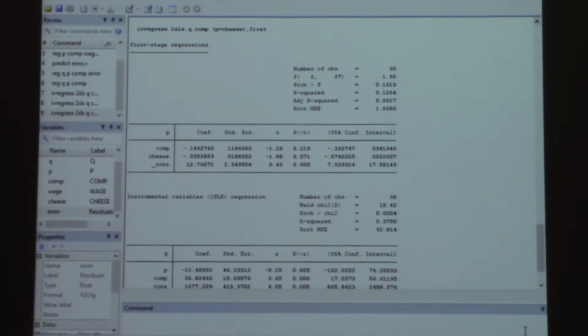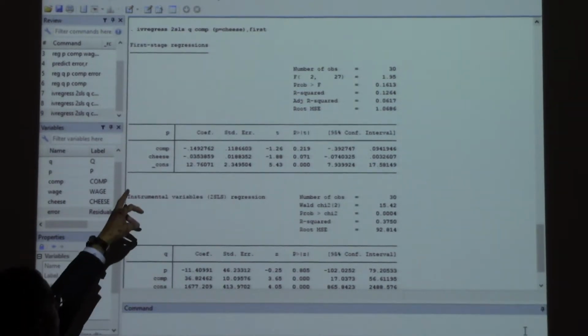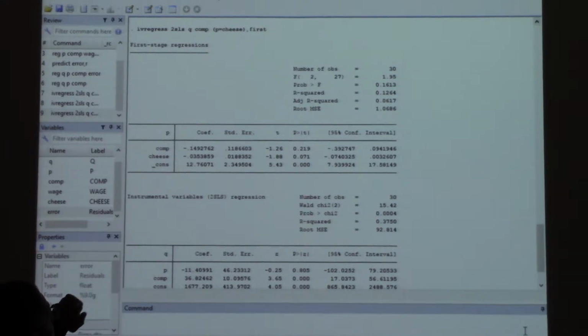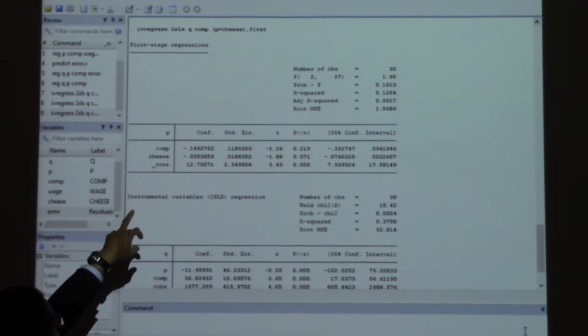The first stage, remember, we called the reduced form equation, where we have the exogenous variable from the demand equation, competitor's price, and cheese.